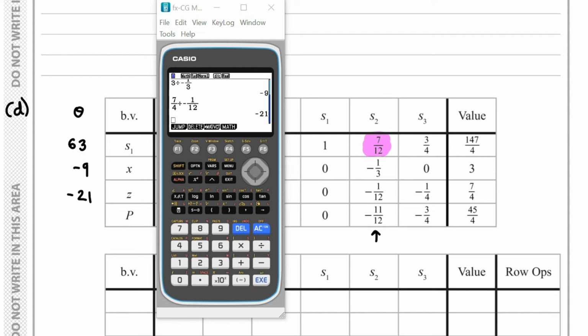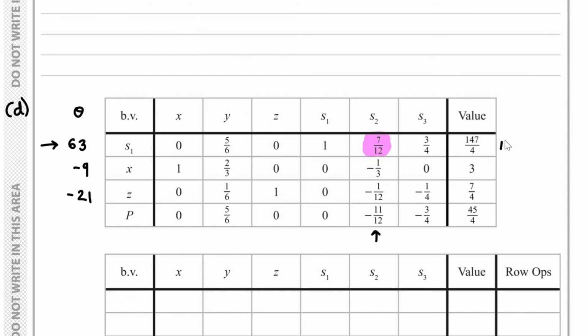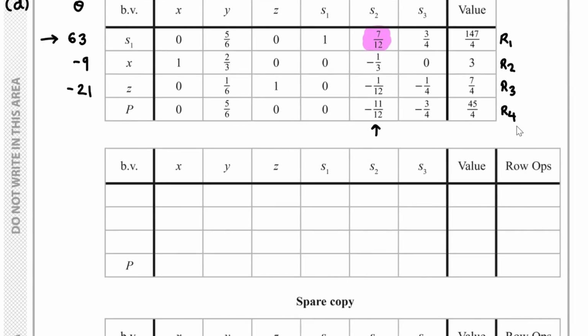Here we have negative values, so this is our pivot row, so this is our pivot. Now, if we call this row 1, this row 2, this row 3, and this row 4, here we're going to have row 5, row 6, row 7, and row 8.